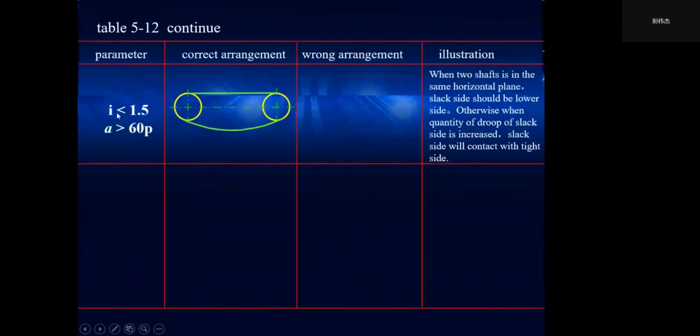And if i is less than 1.5 and the center distance A is very large, and the two shafts are in the same horizontal plane, the slack side should be the lower side. Otherwise, when the quantity of drop of the slack side is increased, the slack side will contact with the tight side.